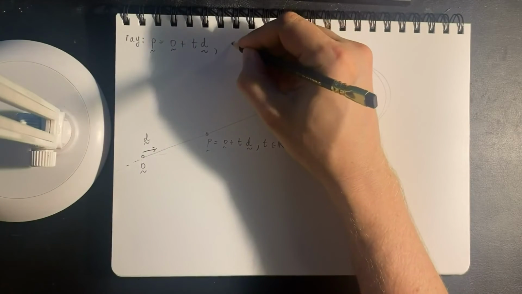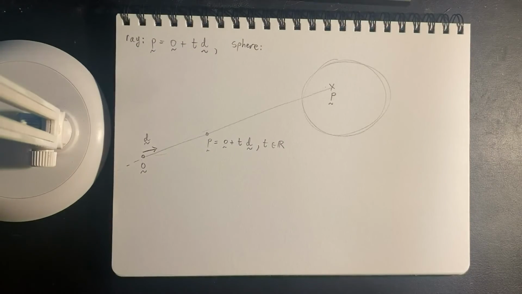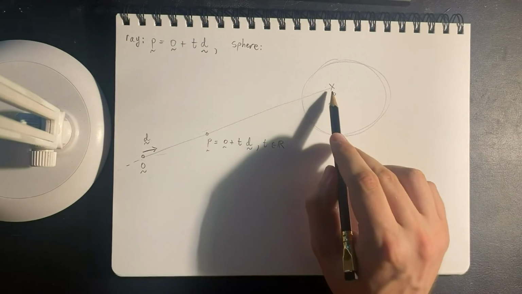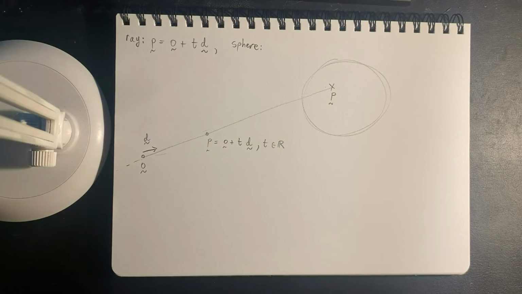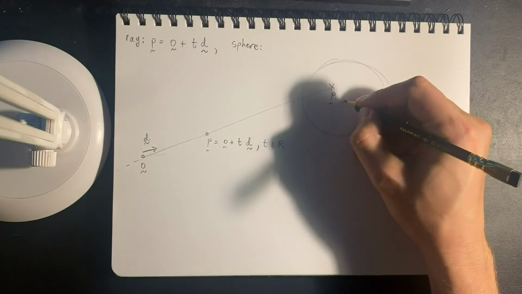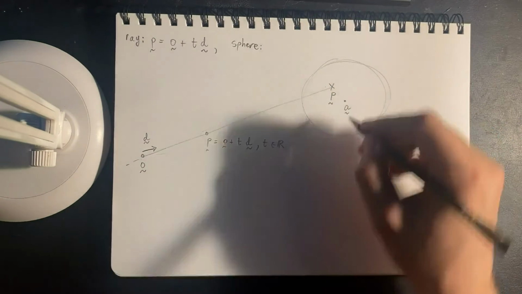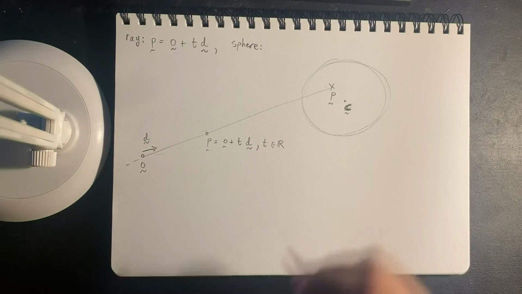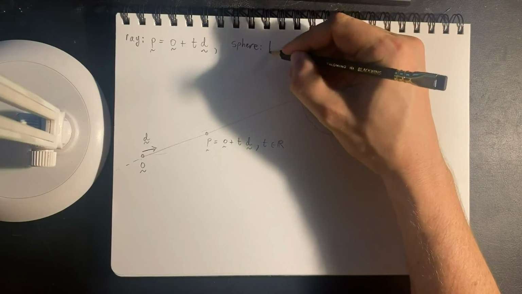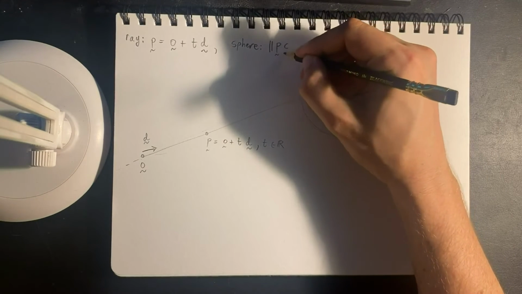And then I have my sphere. Now, a sphere is defined as the locus of a point, or the surface of points, such that they are equidistant from the sphere's origin. So I have O there, I'll just put C for center. Okay, so what I have is the distance between the point and the center.